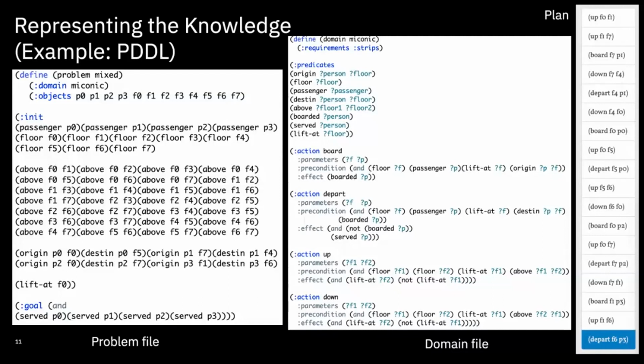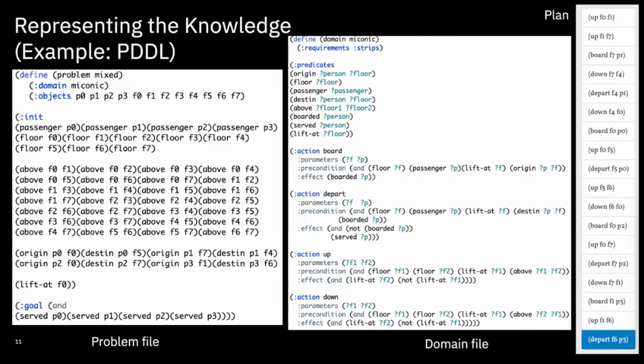Recall that Michael in the theory section talked about the STRIPS language to define a planning problem. STRIPS is a subset of ADL. And PDDL is the standard input language for planners that originated from the International Planning Competition. You can define both types of problems, STRIPS as well as ADL, in PDDL.